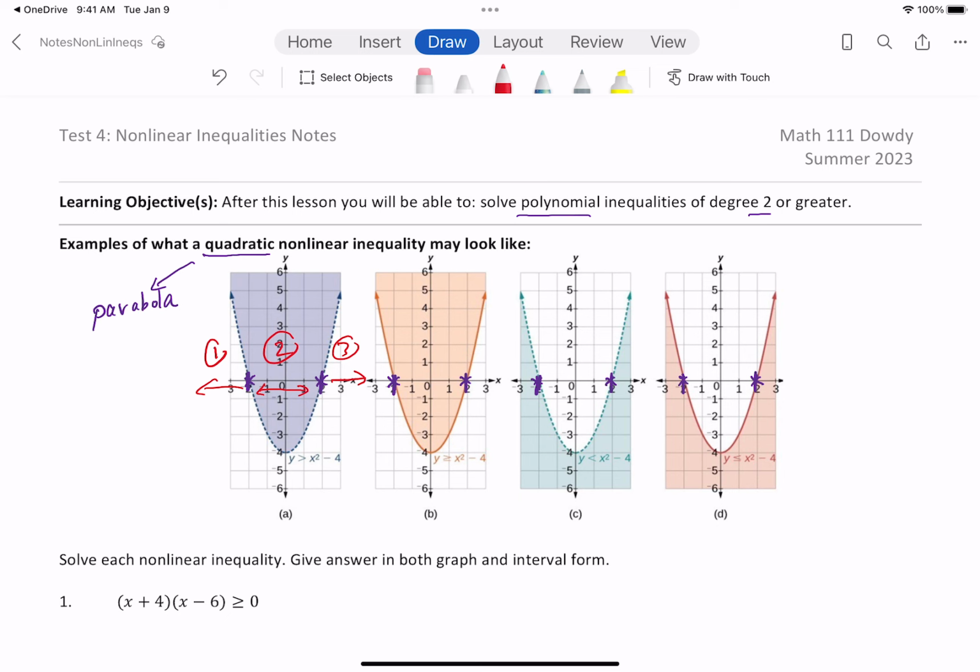So depending on what the inequality is that we're looking for, the shaded part here is representing solutions, that the numbers, any that we pick inside that shaded region, would make our inequality true.